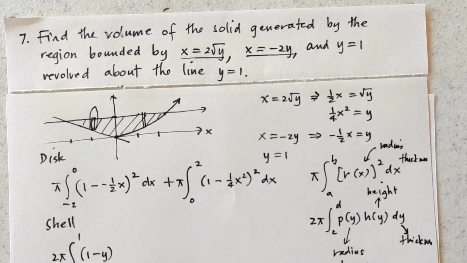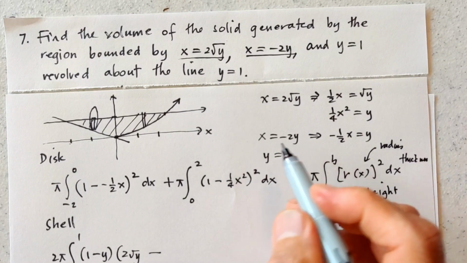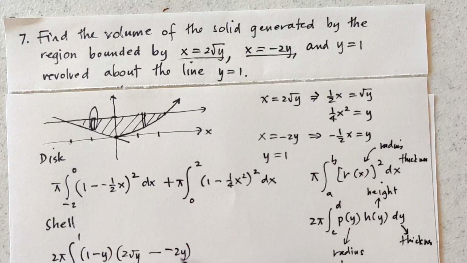And how will I get 1/2? 1 minus y. So this is your representative radius for the shell. Now the height of the shell, the upper part of the shell is determined by this parabola, which is 2 square root of y, minus the lower part of the shell is determined by the line negative 2y dy.